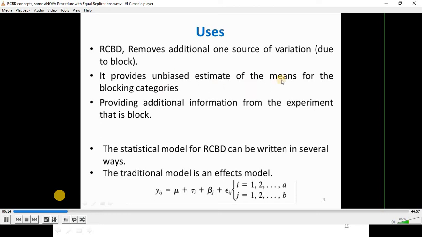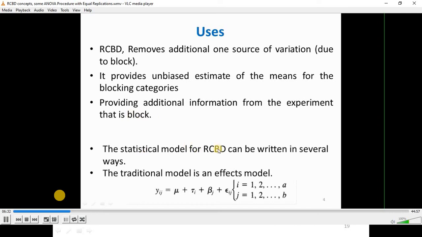That's why we get an unbiased estimate of means, and it provides additional information from the experiment because of blocking, extra information compared to CRD, due to the presence of blocks.